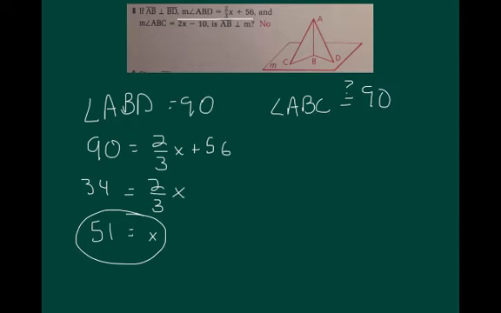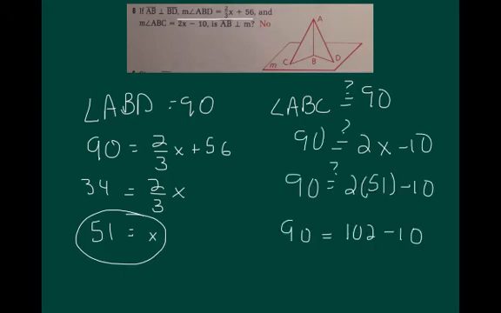So let's plug 51 in for x. It tells us that ABC equals 2 times x minus 10. Is that equal to 90? When we plug in 51 for x, it's clear to see that 90 does not equal 92.